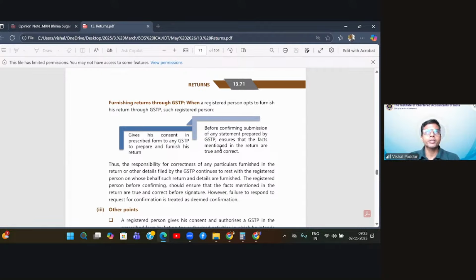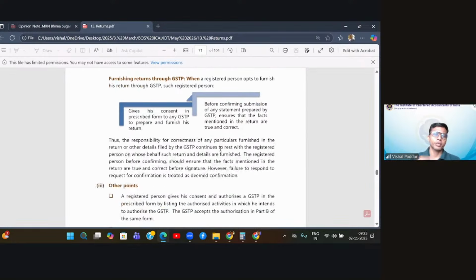But the point is, whatever GSTP is doing, the GSTP is doing on your portal. So it is like this: when you authorize me as GSTP, I can open your GSTR1, I can upload and save all the invoices. Only the filing will be done by you because it will require your consent, your DSC and all.